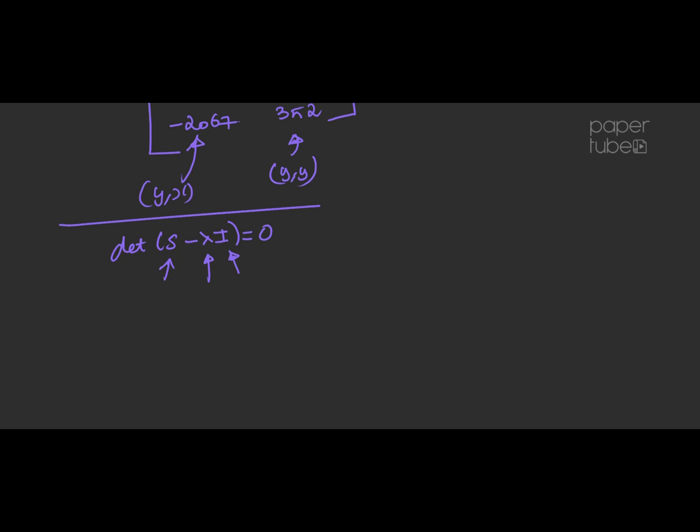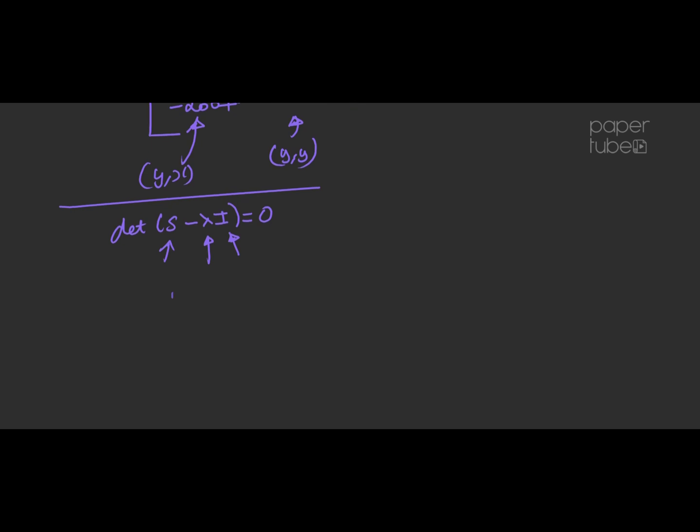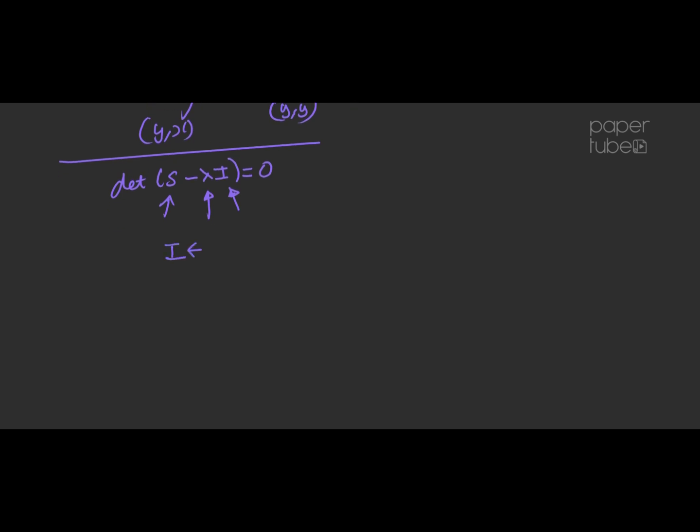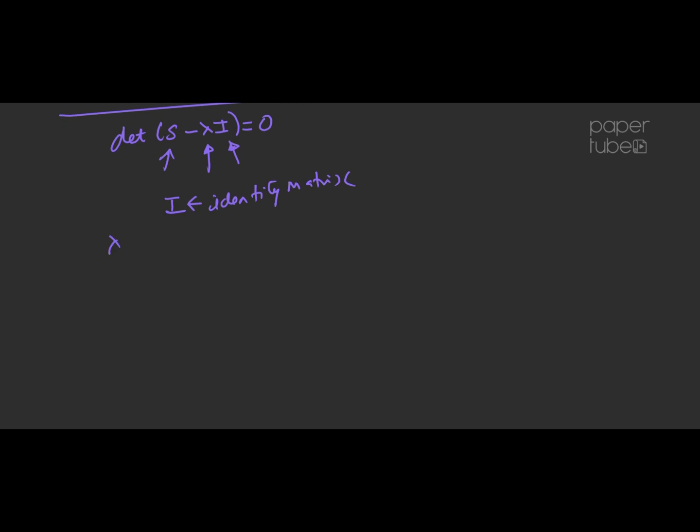So just to expand it, lambda I. We are dealing with a 2 by 2 matrix. That's the size of the covariance matrix.